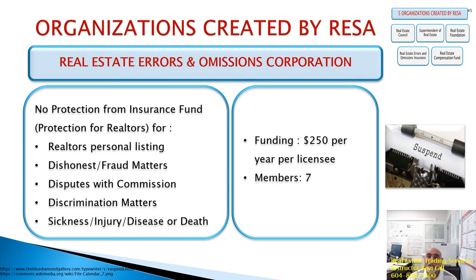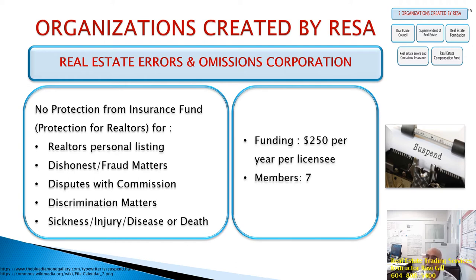Okay, so in this errors and omissions, there's no protection for the realtors if it's the realtor's personal listing. If he's selling his own house and there's a mistake made by the realtor, he will not be covered. Okay, if he does anything dishonest or fraud, he will not be covered. It doesn't cover anything to do with commission. Anything to do with discrimination or any sickness, injury, it doesn't cover.